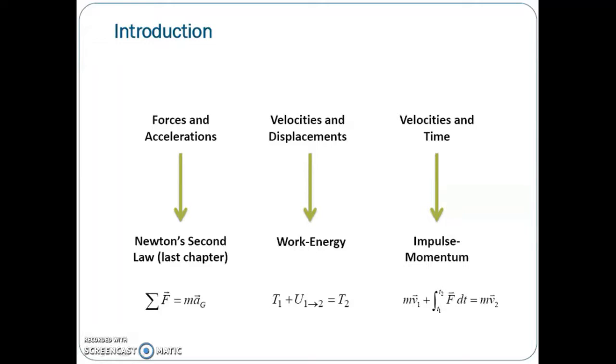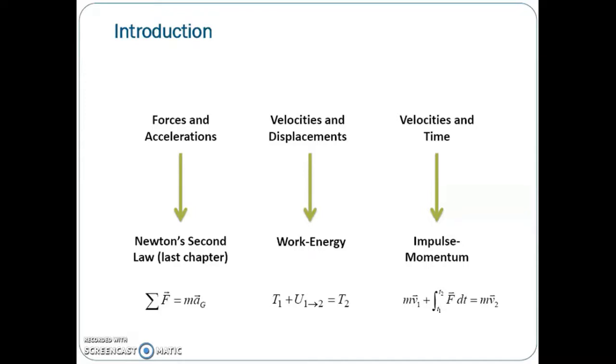The equation in general is T1 plus U1 to 2 equals T2, where T1 and T2 are the kinetic energies. The U1 to 2 will be the work of a force. Of course, under the conservation of energy principles, right?